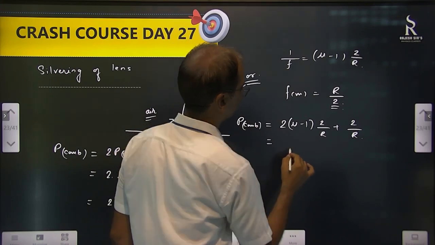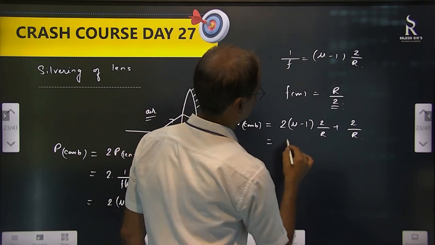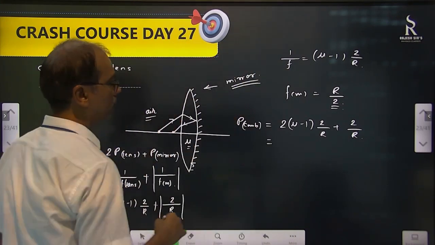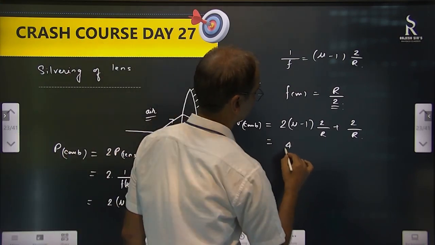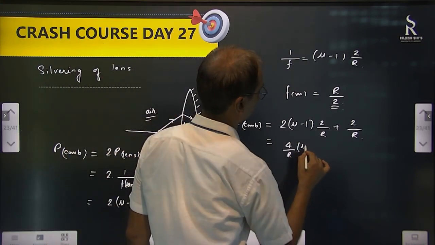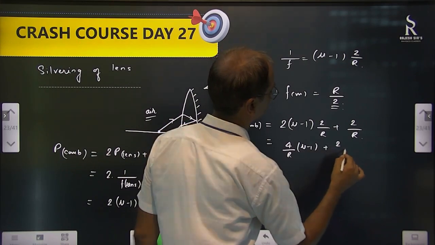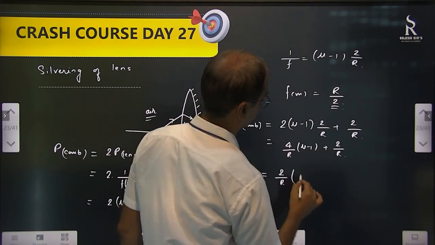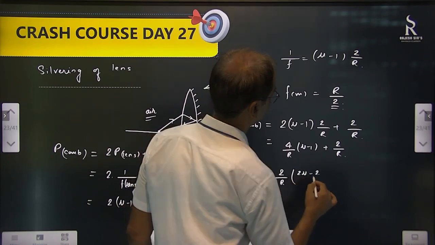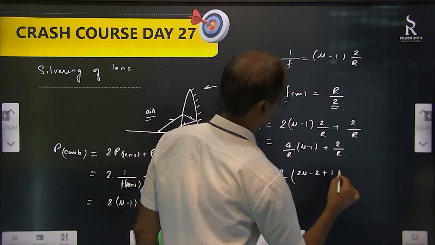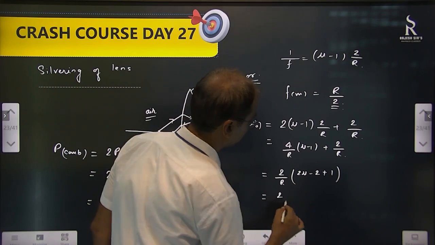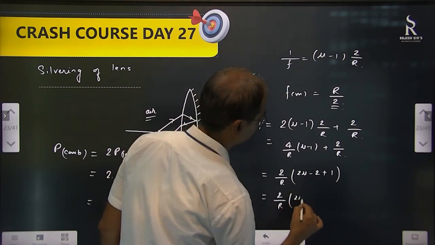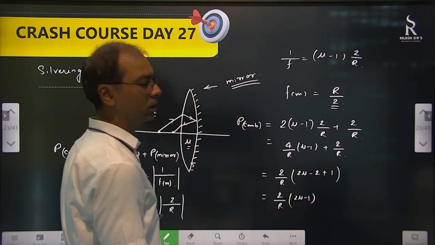What are we getting? So 4 by r into mu minus 1 plus 2 by r. Now 2 by r we can take common from here. So 2 mu minus 2 plus 1. So 2 by r into 2 mu minus 1. This is the power of the combination.